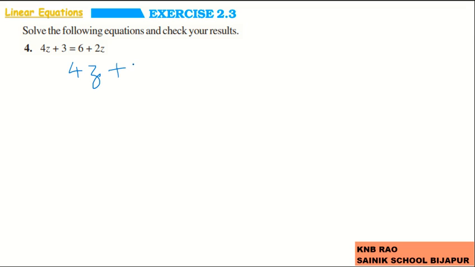Along with that, we have a constant, or a number 3, as an addend to that variable term 4z. On the right hand side we have 6 being a constant term, or you can say a number as addend, and the variable term is 2 times z.